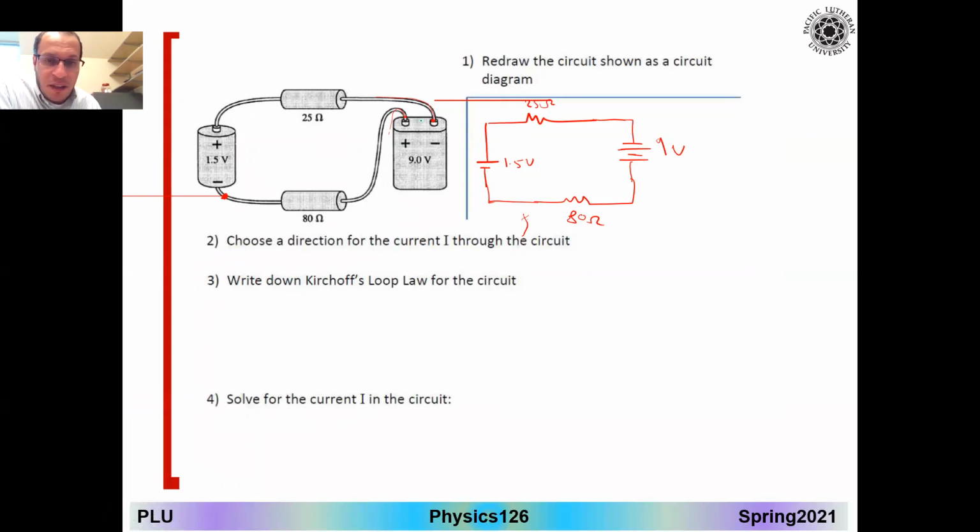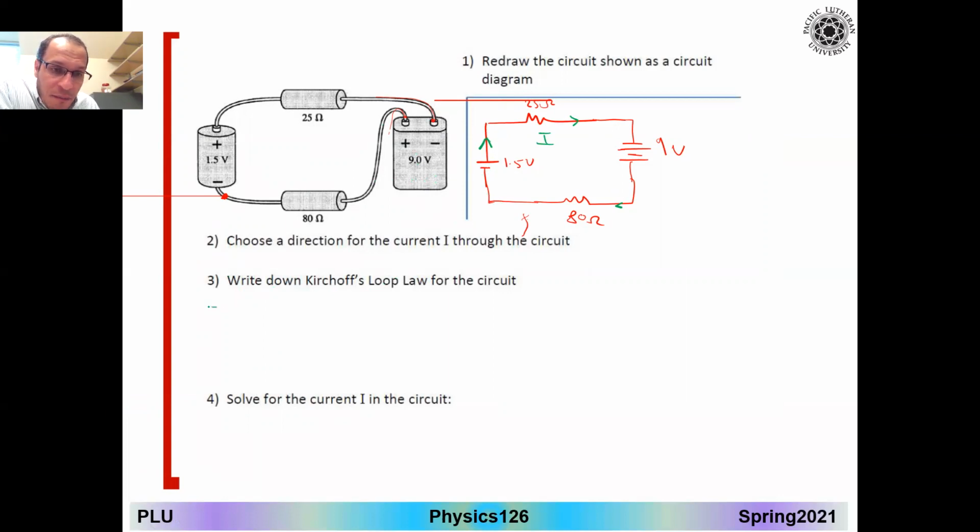What does it ask for the second? Choose the direction of the current. I will choose this path. You can choose something different, but I choose this path, and here is the current I. Write the Kirchhoff law, starting as we did before.